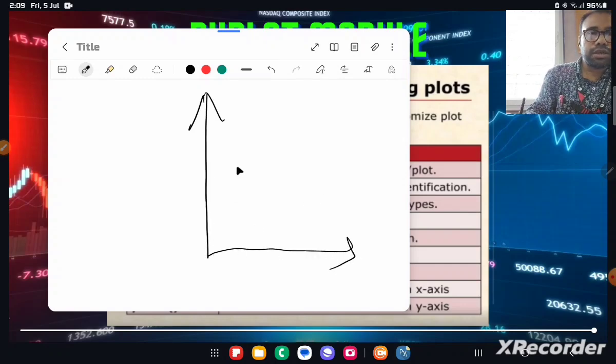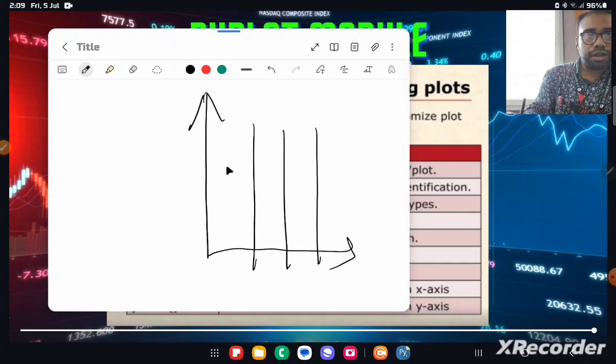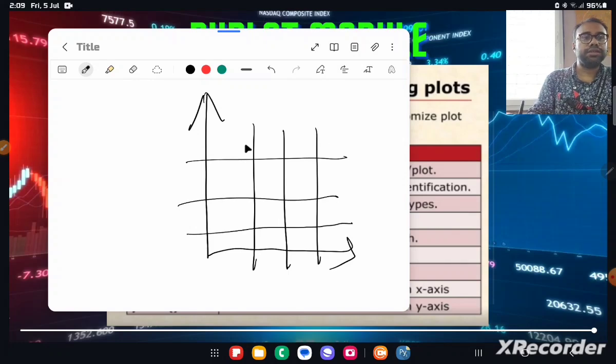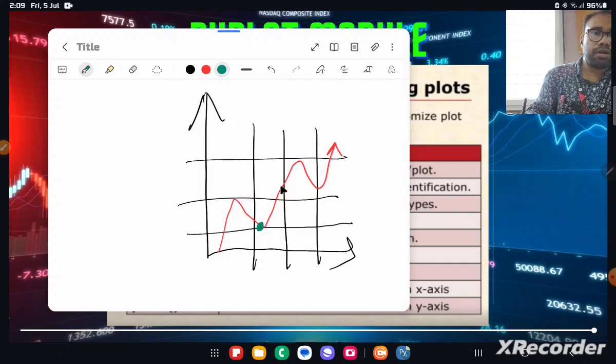Now see, this is a graph. On a graph particularly, we see lines given like this, out of which different graphs are plotted on the basis of this. Now suppose this is one marker or data point.